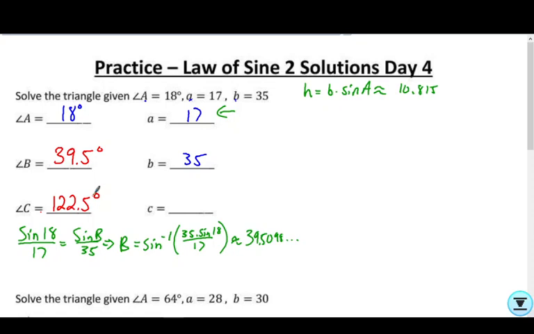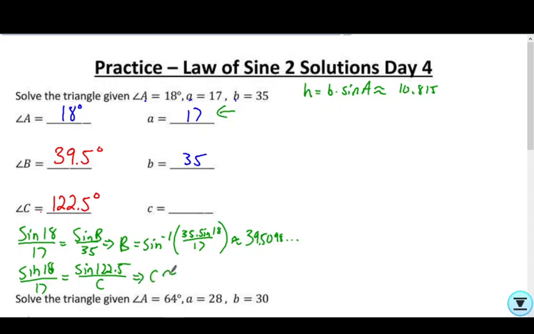Okay, then we have to find side C. So again, we set up our law of sines. We start off with the exact same one, but this time we're solving for side C, and then we cross multiply.